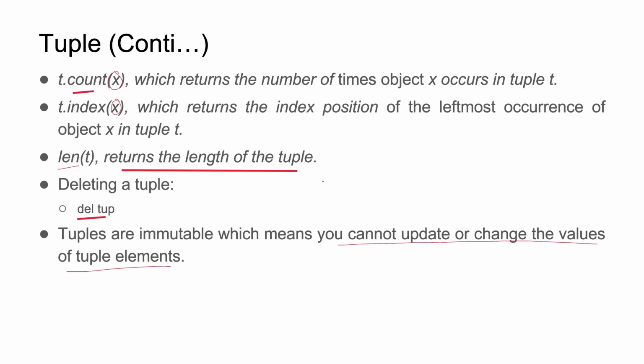Okay, now suppose I have created a tuple, right? This is a tuple. Items 15, 32, 36, string Python, right? And then I have a list inside it: 1, 2, 3, 4.